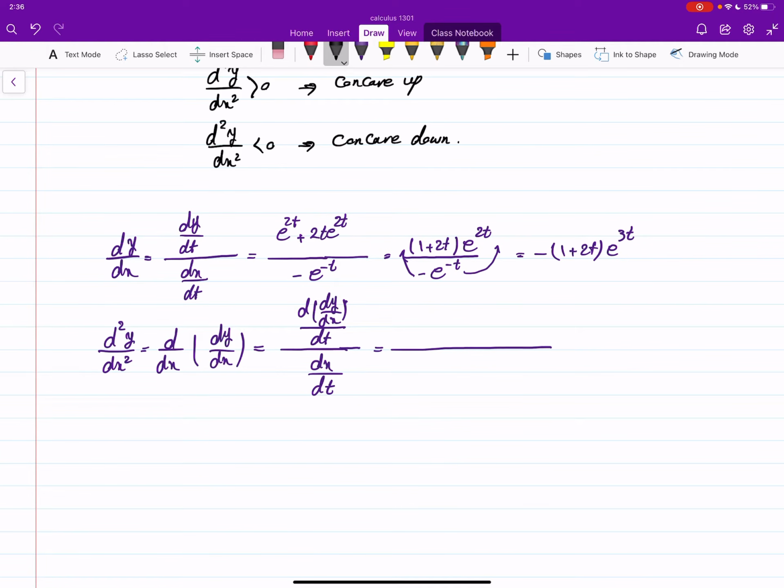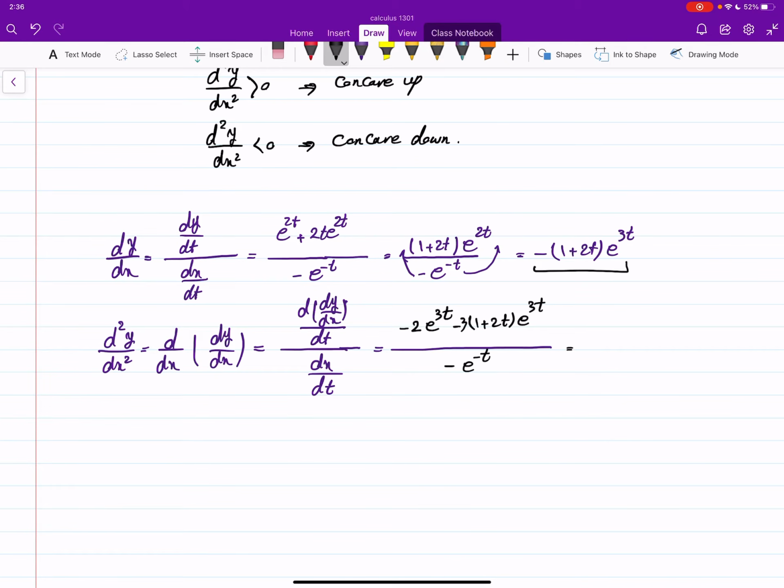So the derivative of this with respect to t will be minus 2 e to the power 3t minus (1 plus 2t) multiplied by 3 e to the power 3t, divided by negative e to the power negative t, the derivative of x there.